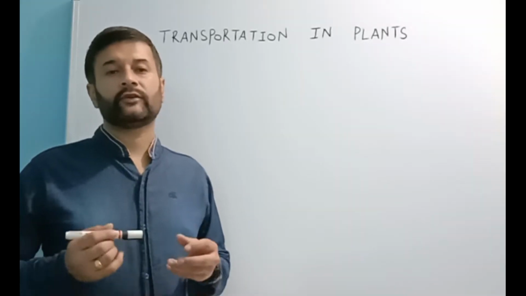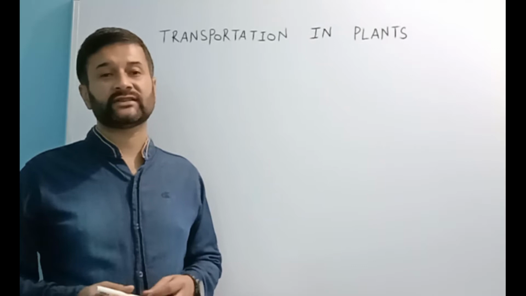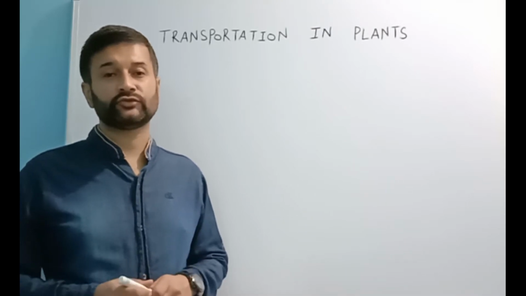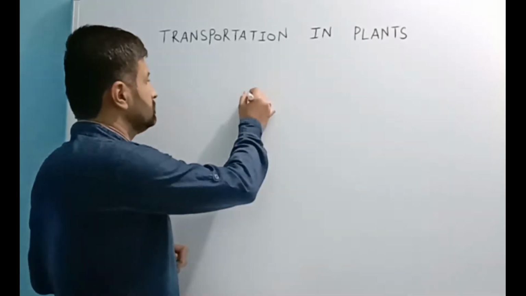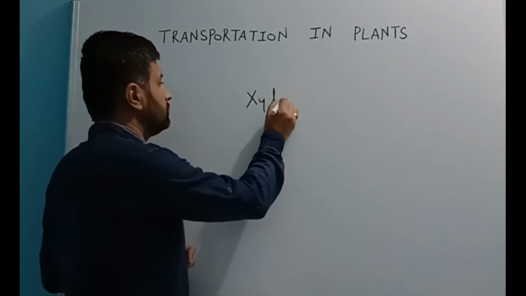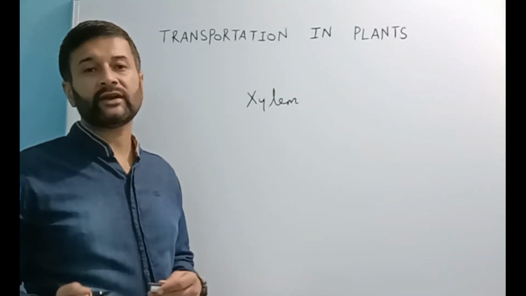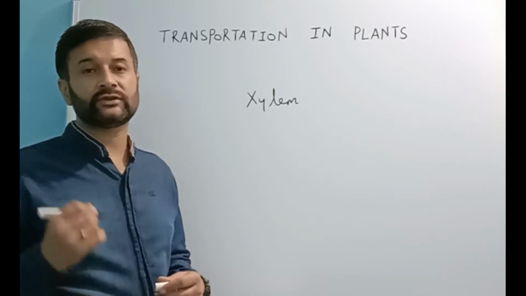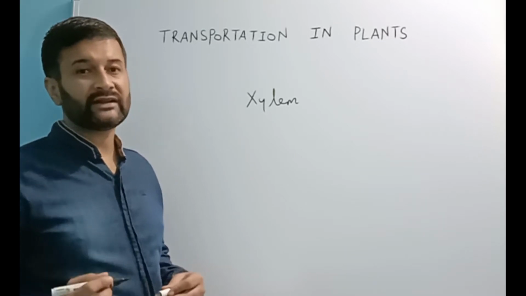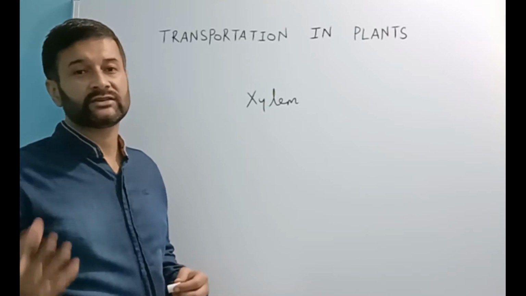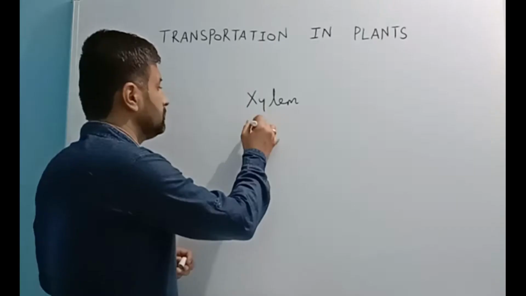In plants, for the transportation of water and minerals, they have the specialized tissue known as xylem. And for transportation of the food prepared during photosynthesis to different parts of the plant body, the plants have another specialized tissue known as phloem.